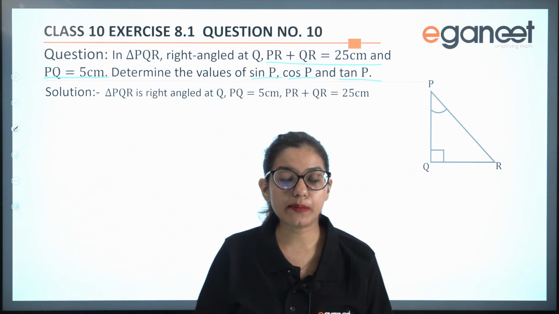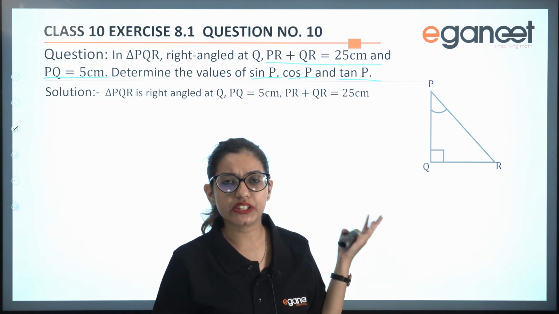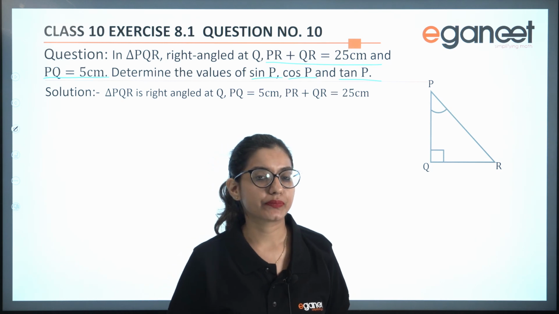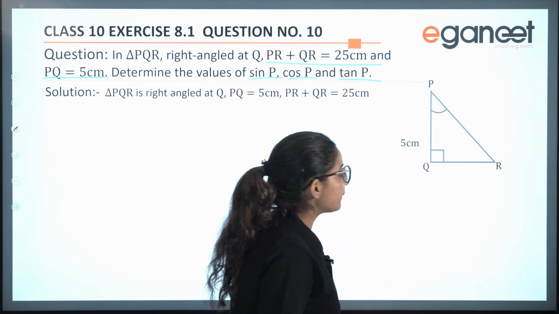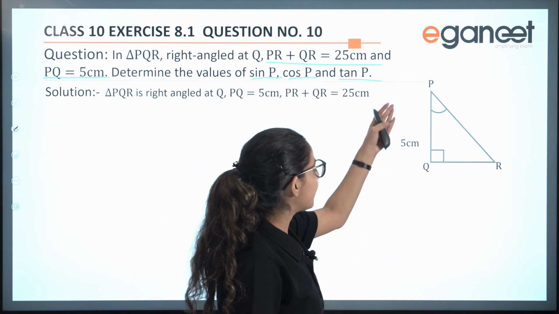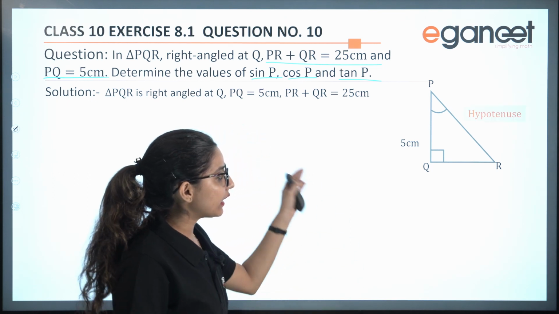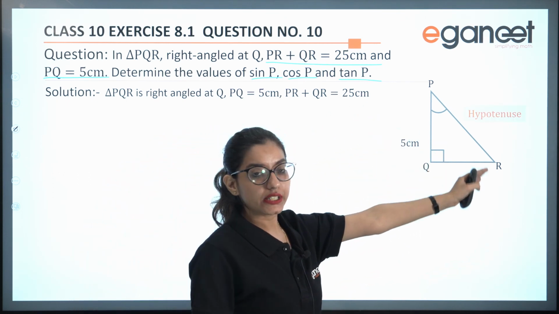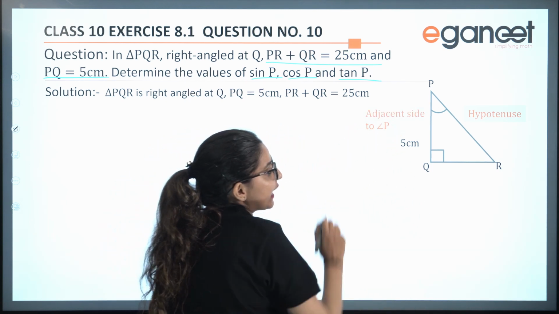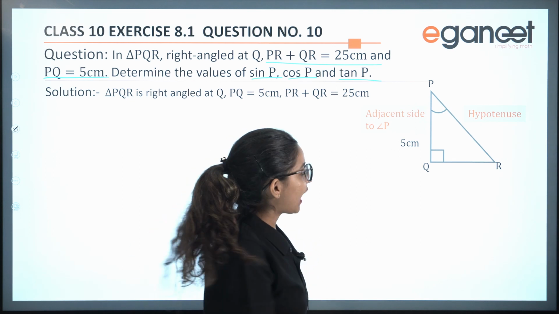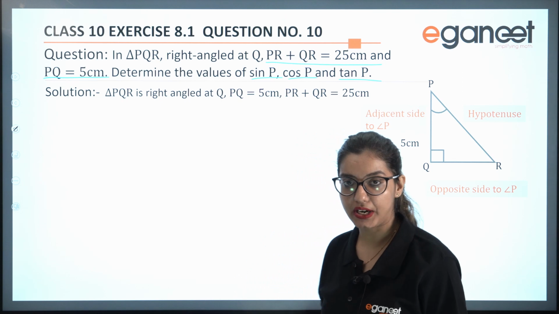So now quickly tell me which will be the hypotenuse, the adjacent and the opposite side to this angle P. Yes, the side opposite to 90 degrees will be the hypotenuse, right? Here we are given that PQ is 5 centimeters, right? So here PR is the hypotenuse, PQ is the adjacent side to angle P and naturally this QR is the opposite side to angle P, right?